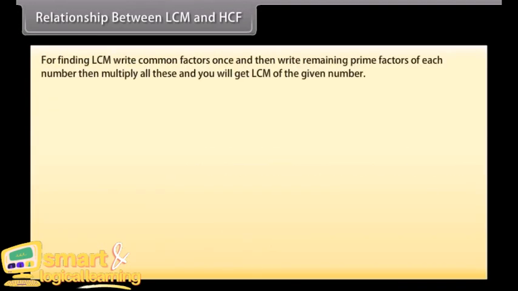For finding LCM, write common factors once and then write the remaining prime factors of each number. Then multiply all these and you will get the LCM of the given numbers. 510 is equal to 2 into 3 into 5 into 17. 276 is equal to 2 into 2 into 3 into 23.